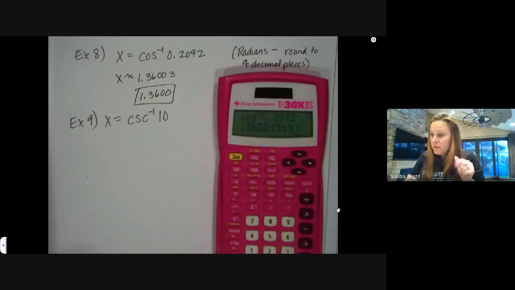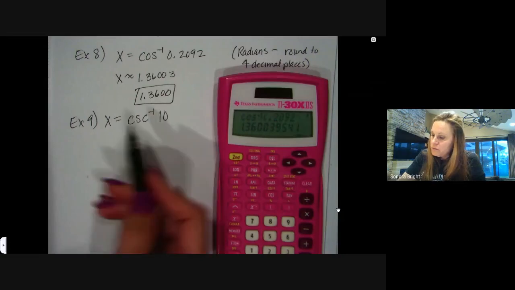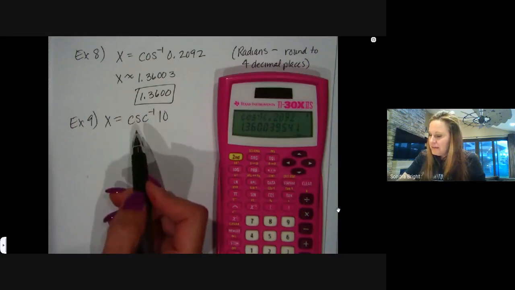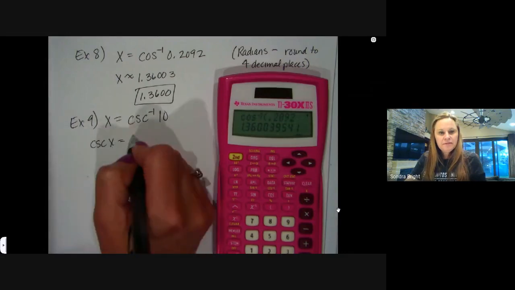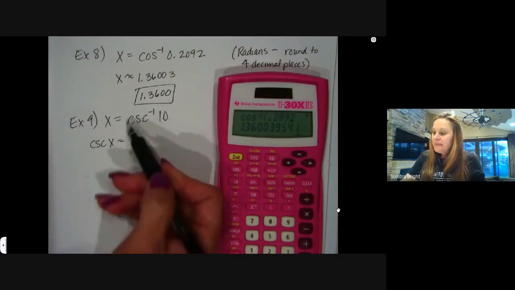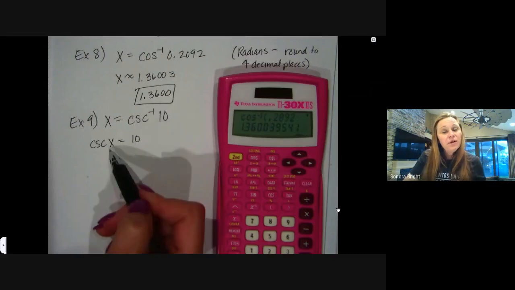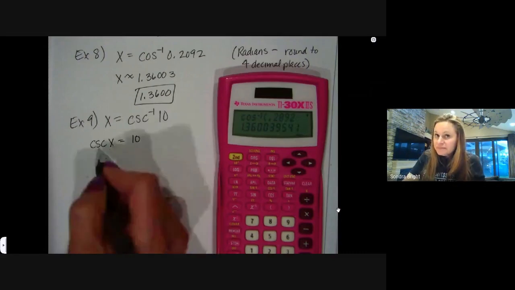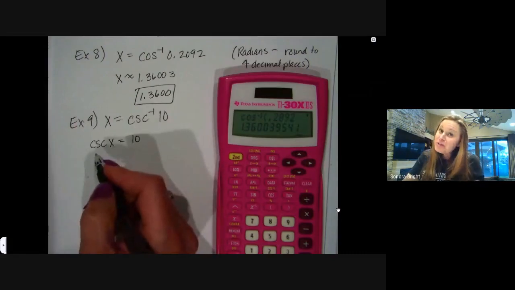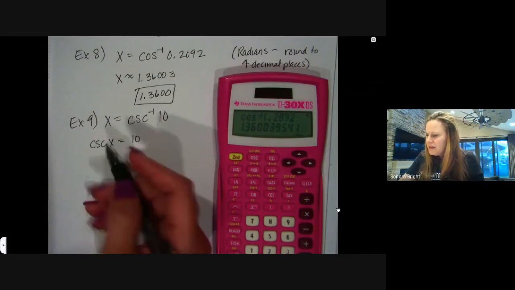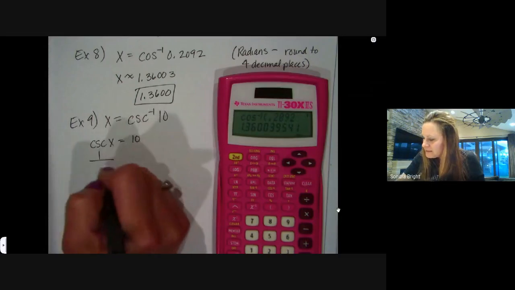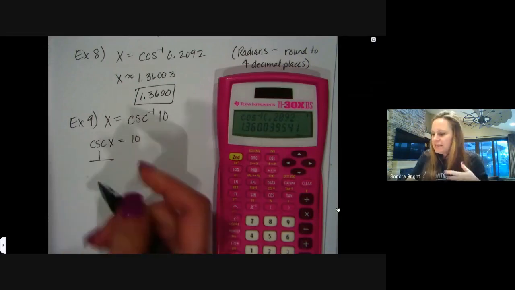So I recommend that what you do is you go cosecant of x is equal to 10. These two statements are equivalent. And then that means cosecant is the reciprocal of, hopefully you just said sine. I could write it as 1 over sine is equal to 10.